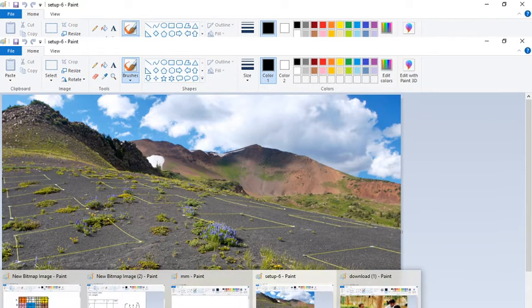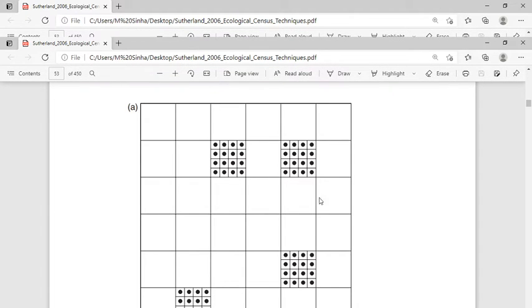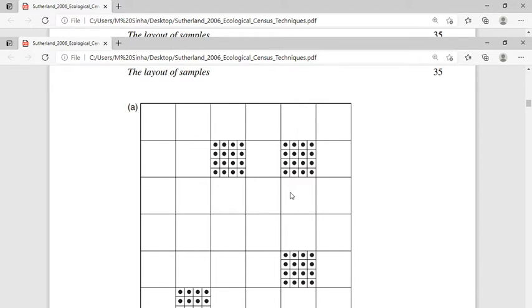After preparation of the square grid, you have to observe the whole area very carefully, to see whether the distribution pattern of the plant species is uniformly distributed throughout the area or not.